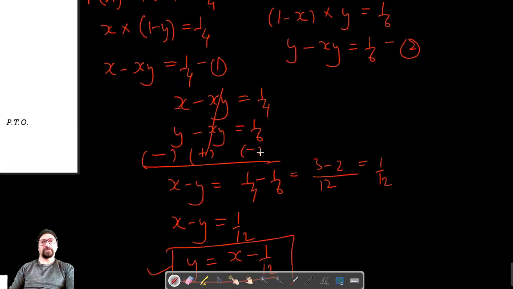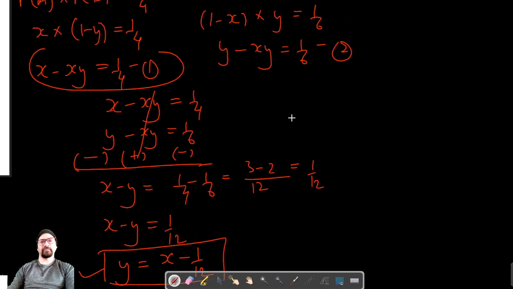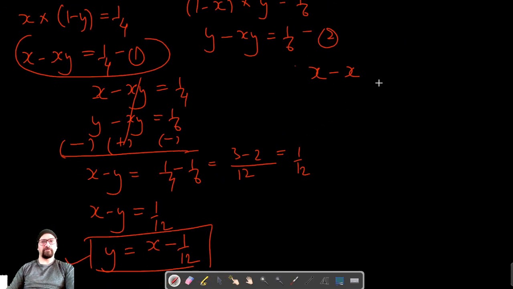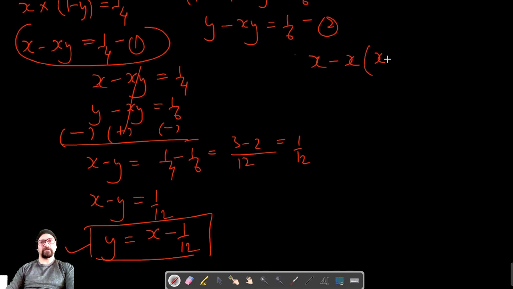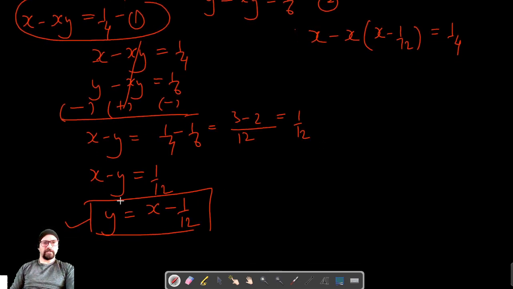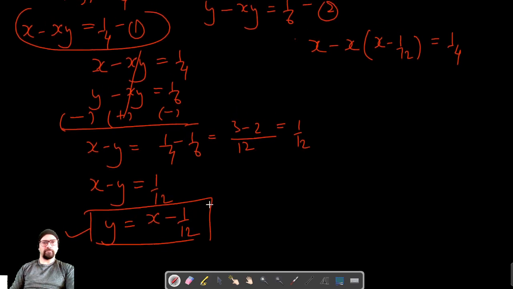And if I use this in equation 1, this gives me X minus X times the value of Y, which is X minus 1 by 12, is equal to 1 by 4.